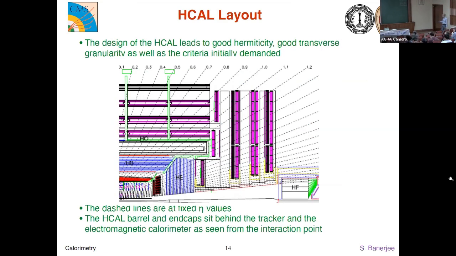So this is the HCAL layout. You have the tracker here, the crystals here, then the barrel hadron calorimeter, the endcap hadron calorimeter, the forward one, and a layer of scintillators just outside the magnet coil, which is called the outer hadron calorimeter.